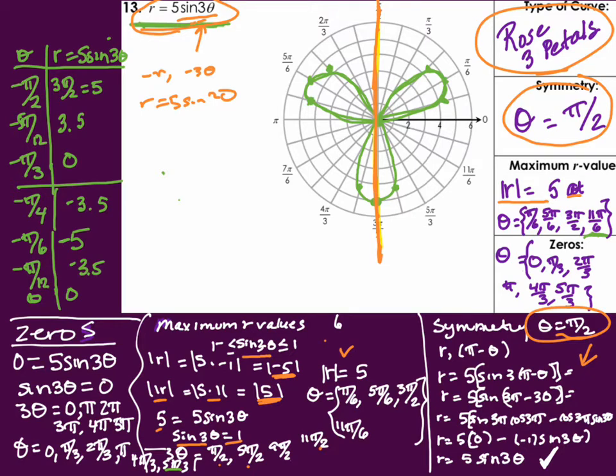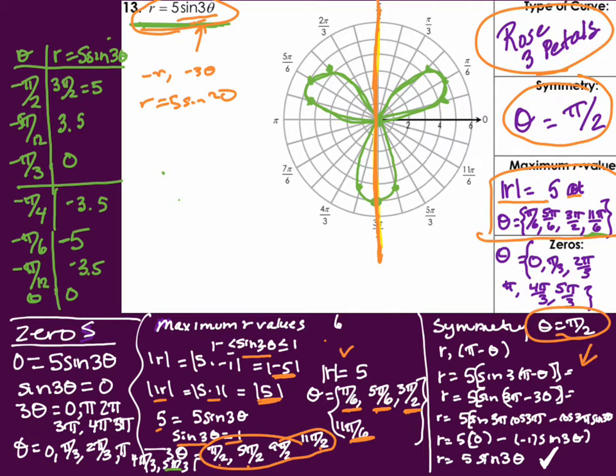Dividing each of these by 3, I get pi/6, 5 pi/6, 3 pi/2, and 11 pi/6. So those are the places it's going to be 5. So here are my maximum values of 5.